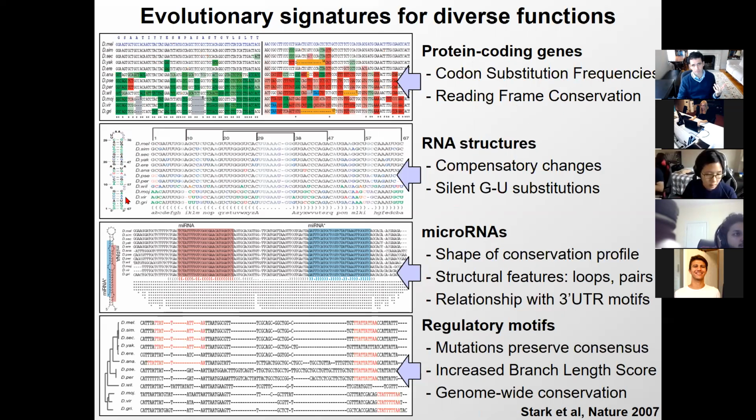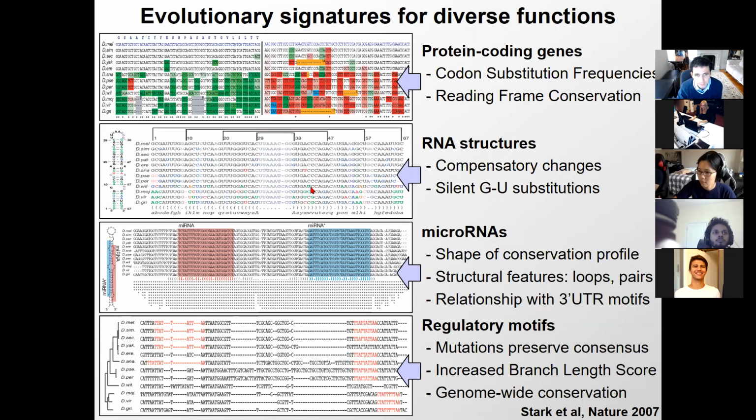The folding still happens. So compensatory changes that preserve the folding are in fact a signature of RNA structures. And also silent GU substitutions, where basically G can base pair with either C or with U in an RNA structure. And these GU-GC substitutions are another one of those evolutionary signatures.